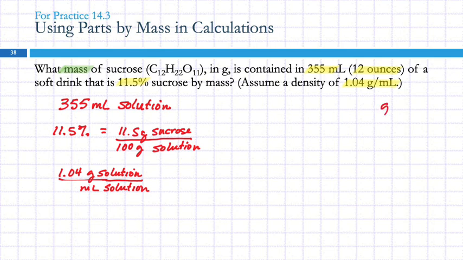We're trying to find grams of sucrose. Well, this is milliliters of solution. Any of these things have milliliters of solution? The density does. So that would allow me to convert from milliliters of solution to grams of solution.